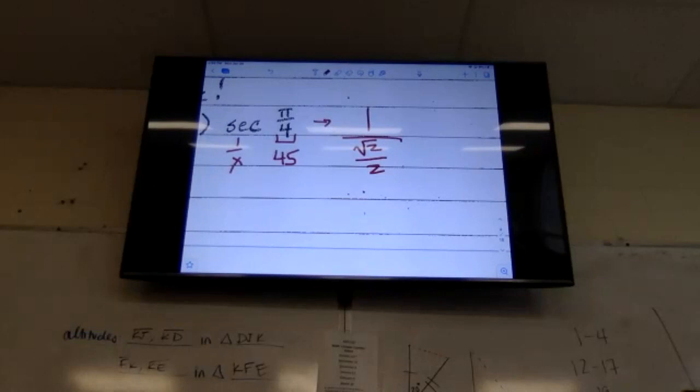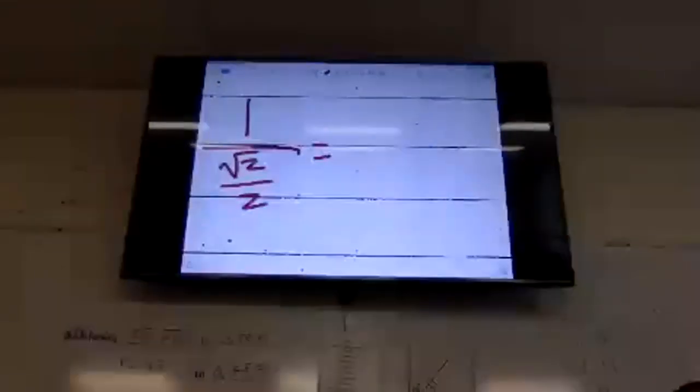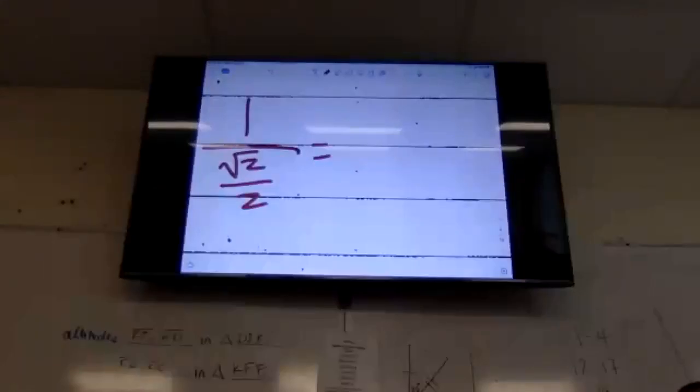Now, my other classes all hated this too, but I would argue this is something you've seen before me. I'm also going to tell you that the rest of your math career, the hardest part is always algebra. Calculus, the hardest part, algebra. 3D calculus, the hardest part, algebra, not the calculus part. So to get rid of this fraction inside a fraction, we're going to multiply by the reciprocal.